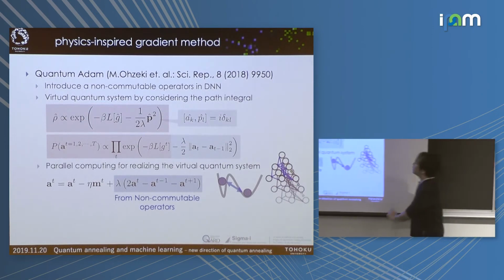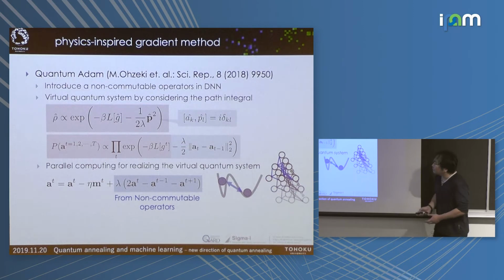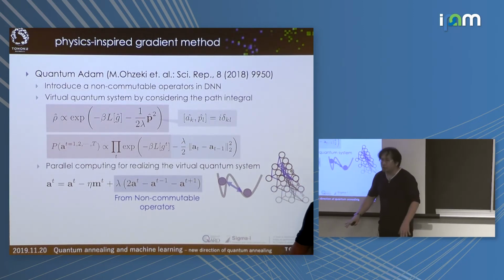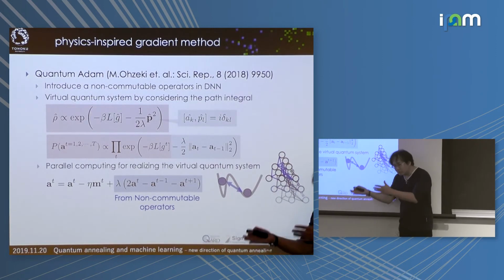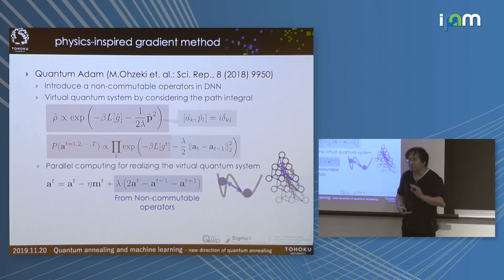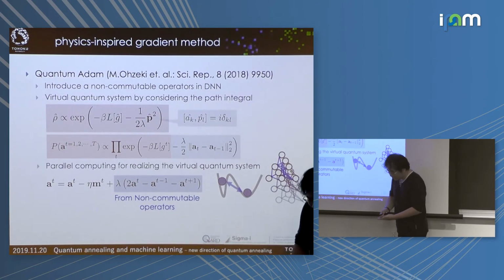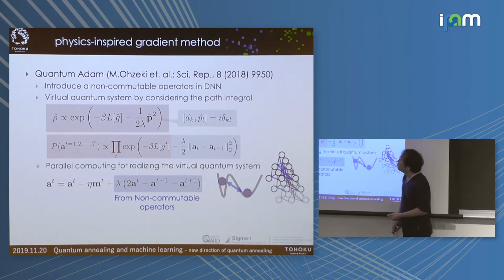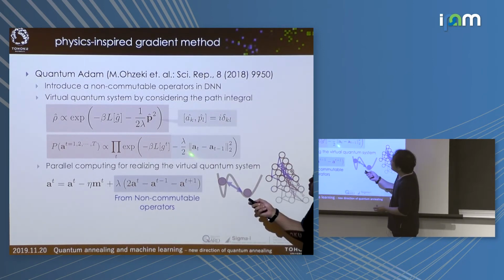Then we consider a virtual quantum system using the path integral representation like this. Then we can remove the operators: instead of quantum operators, we use classical scalar variables like this. We have to introduce imaginary time degrees of freedom, and then we consider a composite distribution function for the system.